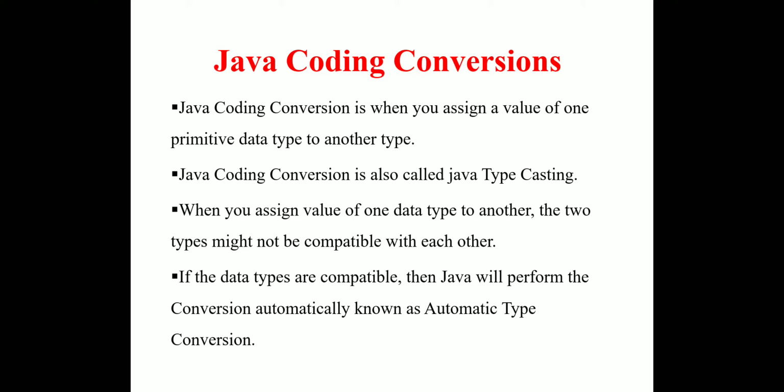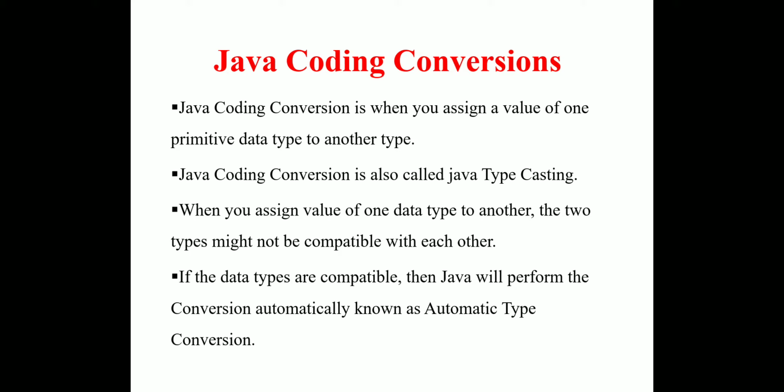Then, in Java, coding conversion is also called Java typecasting. When you assign a value of one data type to another, the two types may not be compatible with each other. Compatibility means adjusting.